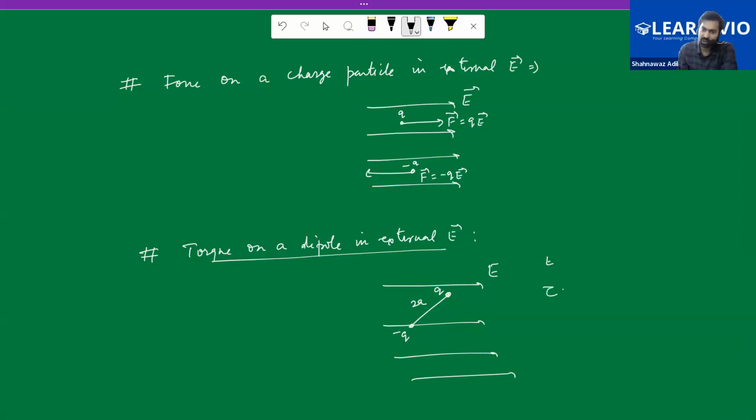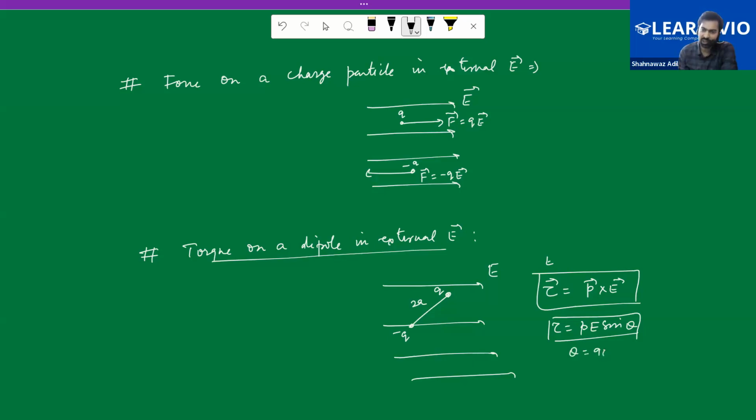So this torque would be P cross E, right? And the magnitude would be PE sine theta, right? So if sine theta is 90, torque is maximum. If this is 0 degrees, then we have stable equilibrium. If we have 180 degrees, that is unstable equilibrium, right?